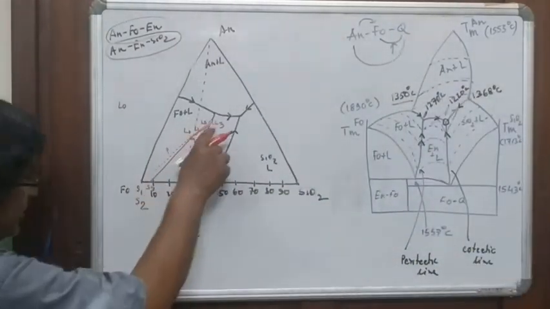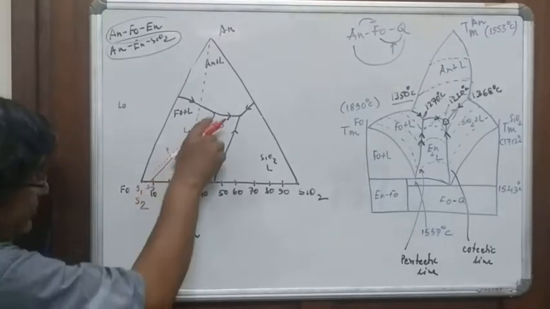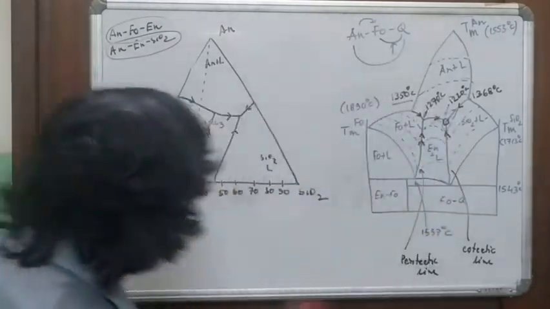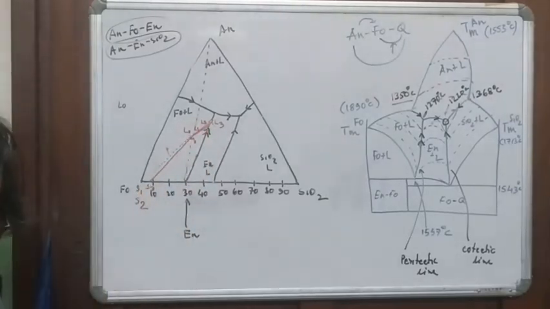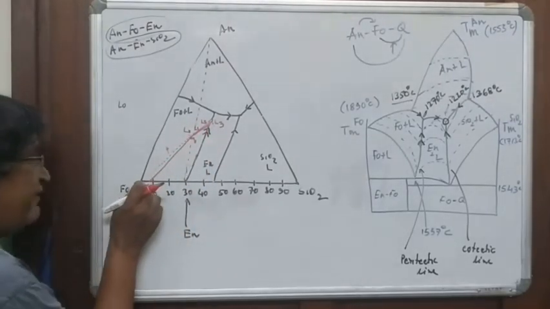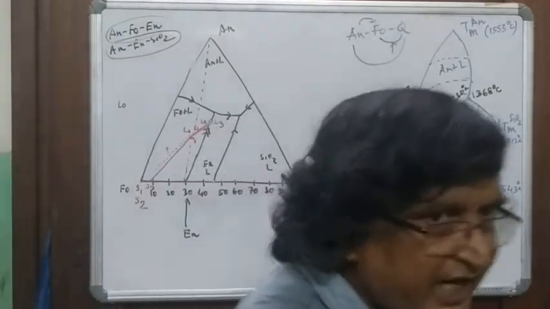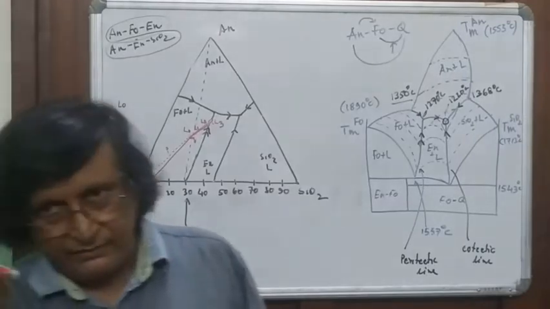Have you understood? L3S3 and melt in equilibrium. Then if you are here, then you don't have only forsterite, you have forsterite, enstatite and melt.